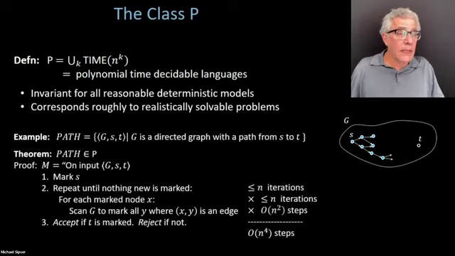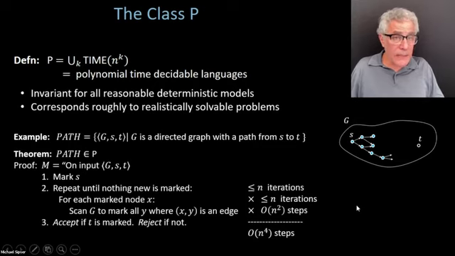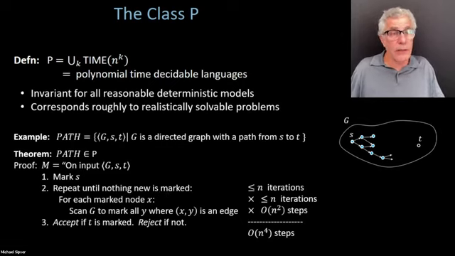Now we can analyze this too, and I'm not going to be spending a lot of time analyzing algorithms here, but let's just do it this one time. We're repeating until nothing new is marked. Each time we mark something new, we can only do that at most n times, at which point we've marked everything. So the number of iterations here is at most n.